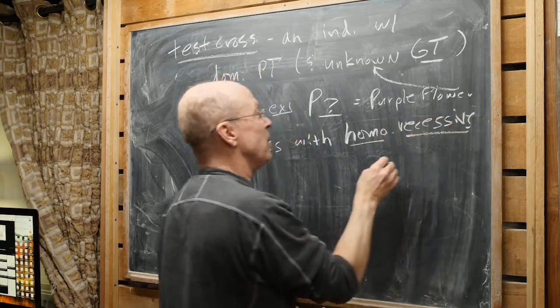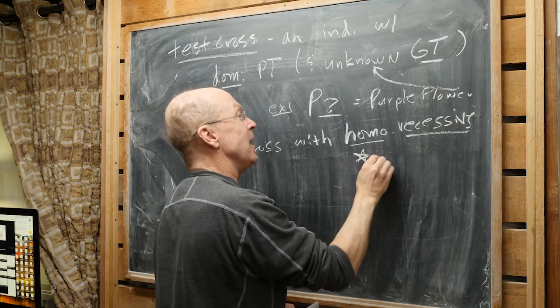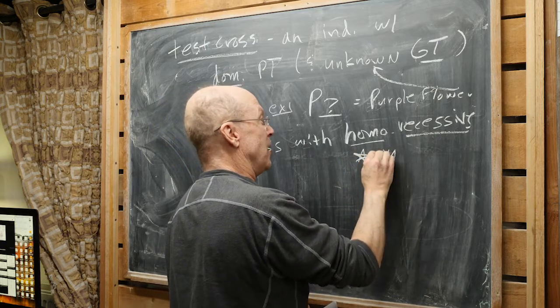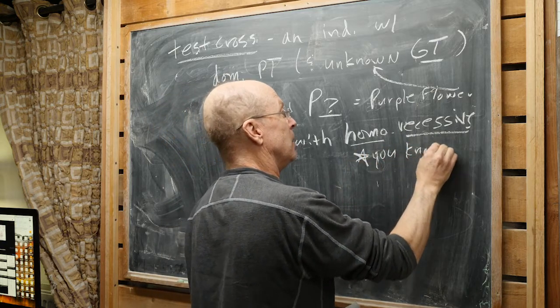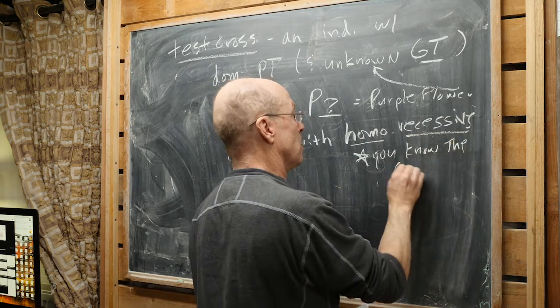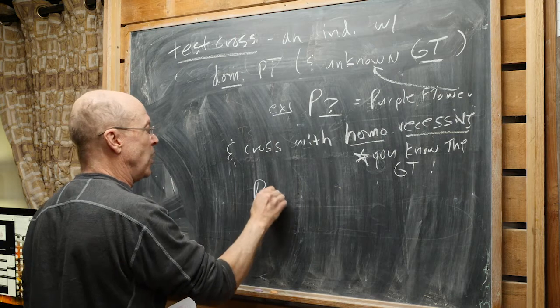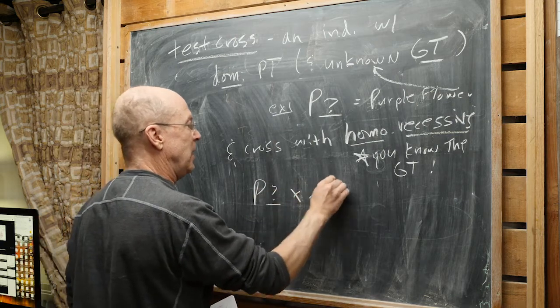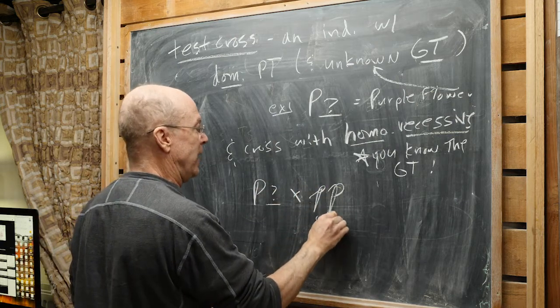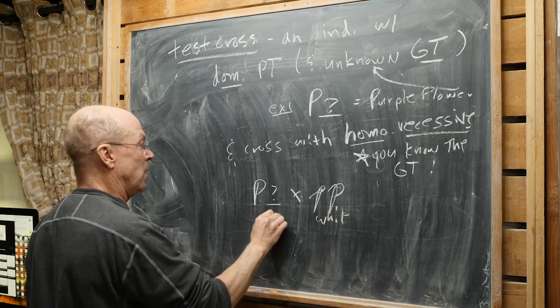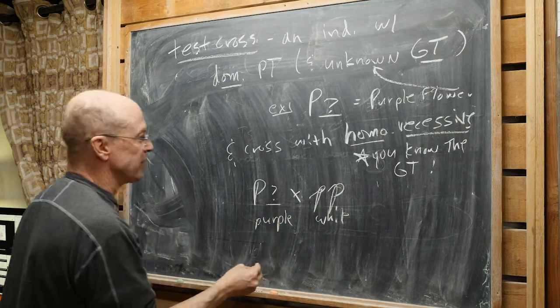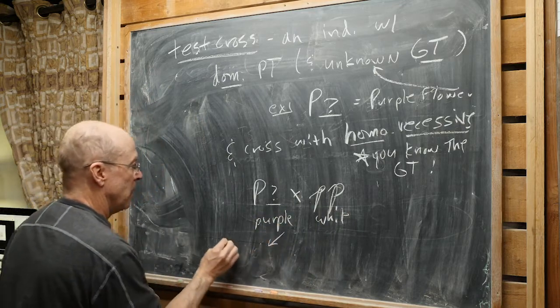Now, of course, the beauty of the homozygous recessive is that you know its genotype. So therefore, here's what the test cross is. P question mark with little p. This is a white, this is a purple, and the test cross outcomes are simple.